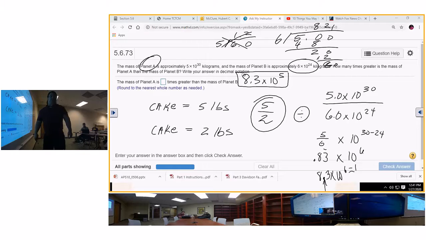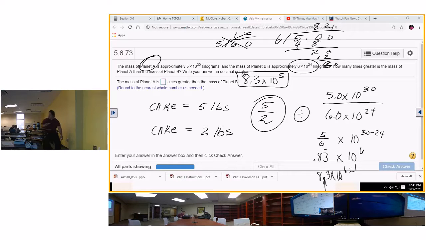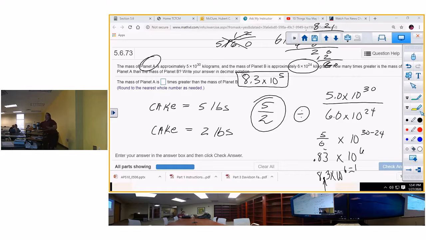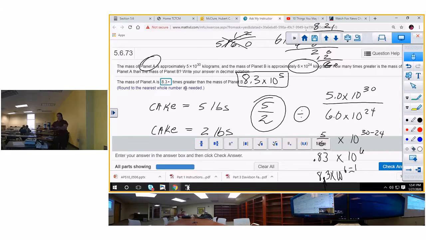Now the ones that do their own little way, they get to the 7th power. And let's see who's right. I'll type in my answer and we'll see if I'm right. I'm going to use Shift 8. 8.3, Shift 8, 10, Shift up, 5th, and we feel good about ourselves.